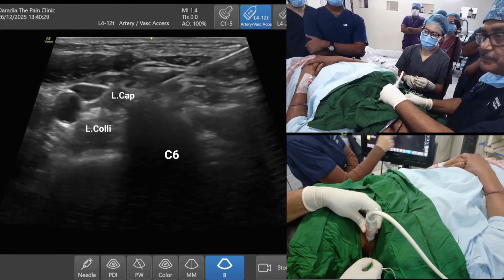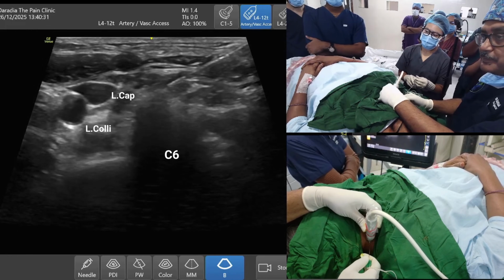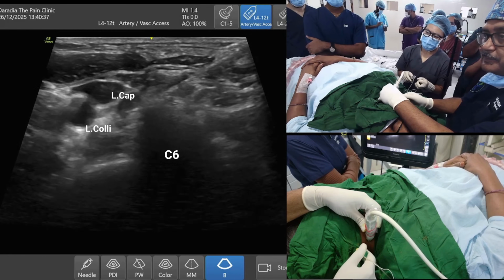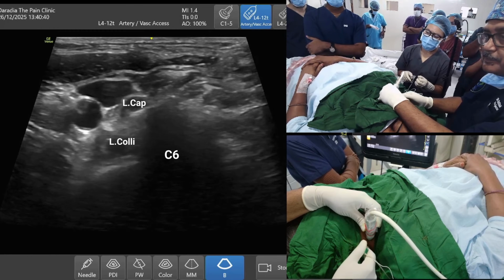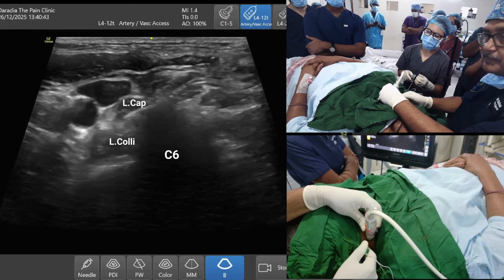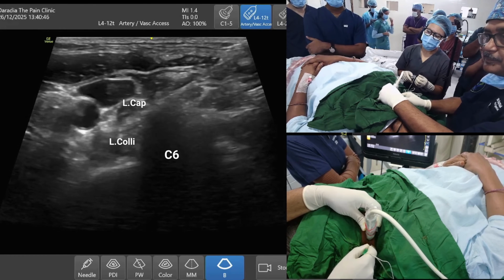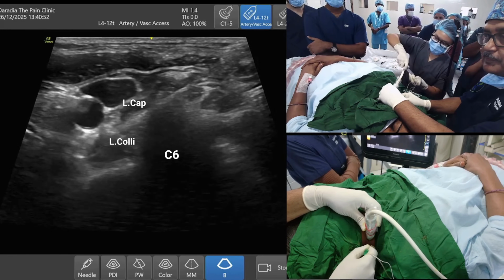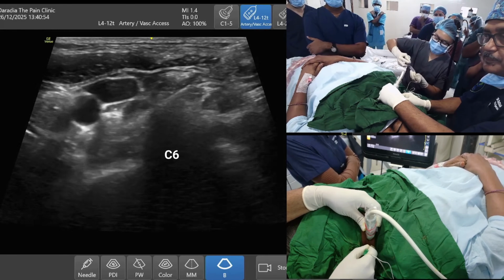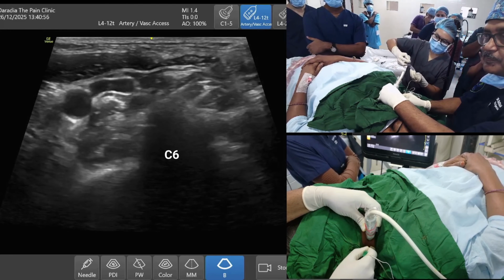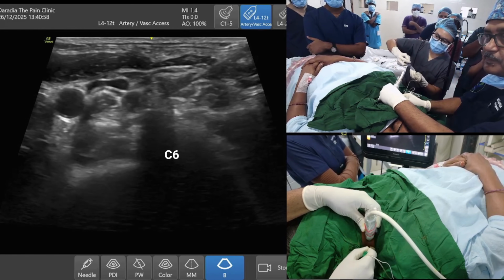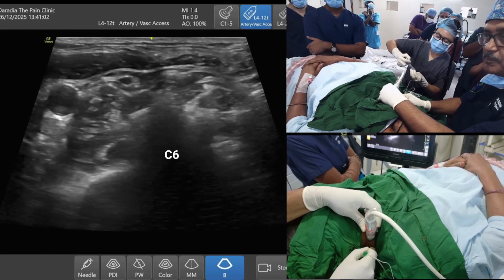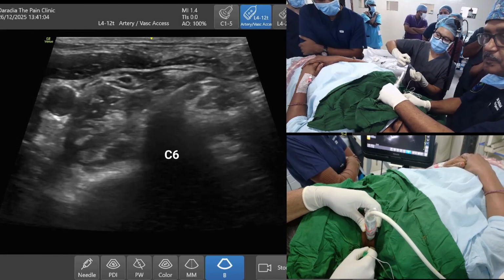Yes. After negative aspiration, 10 milliliters of 0.5% lignocaine is injected and the patient is observed for development of Horner syndrome, which indicates a successful sympathetic block.